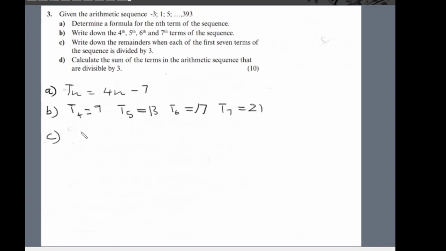So write down those first 7 terms. You have T1 which is minus 3, T2 which is 1, T3 which is 5, T4 which is 9, T5 is 13, T6 is 17, T7 is 21, right?